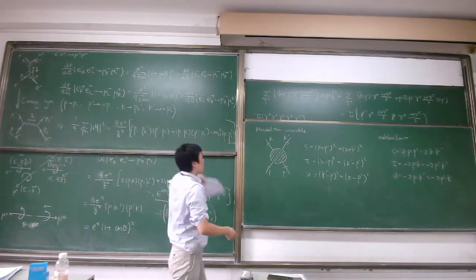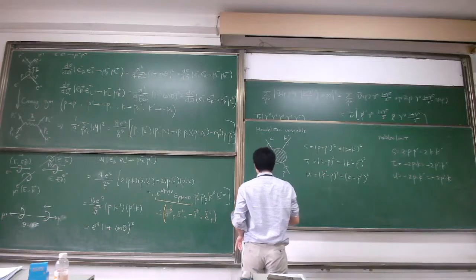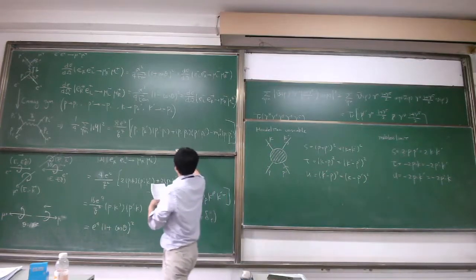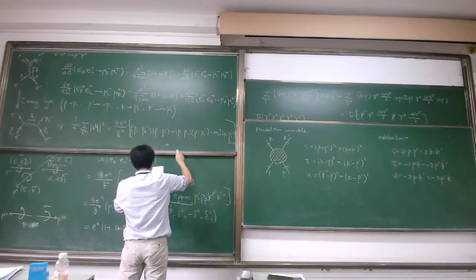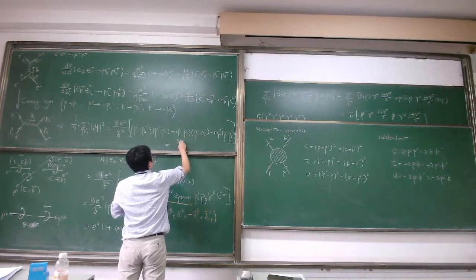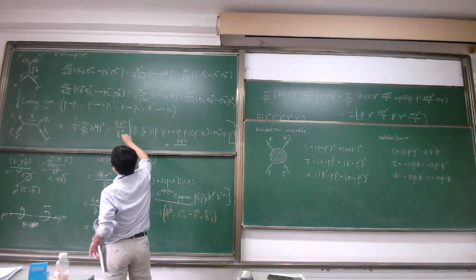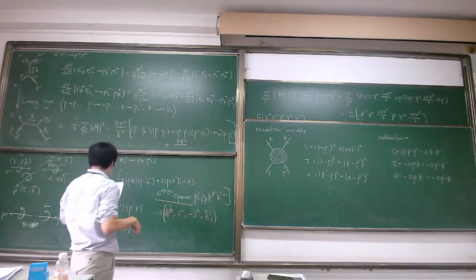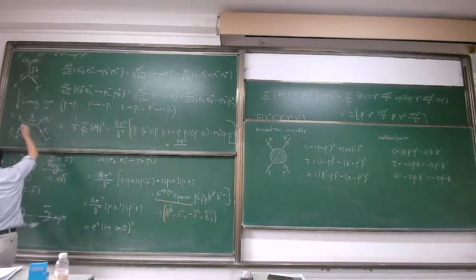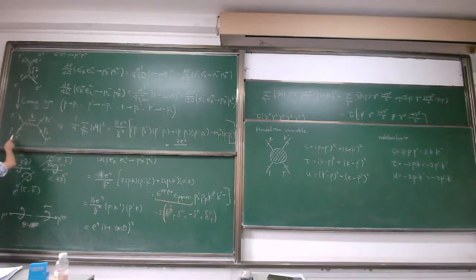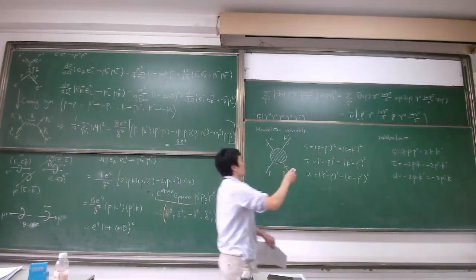So therefore, this amplitude is indeed equal to 8 P4, and Q square is what? This is Q, right? Q is P1 minus P1 prime square, so which is the same as this guy.